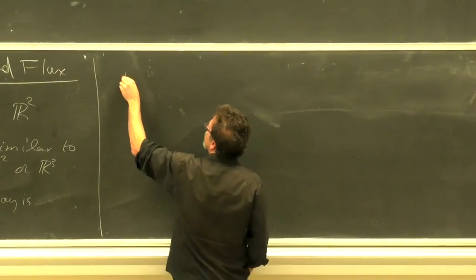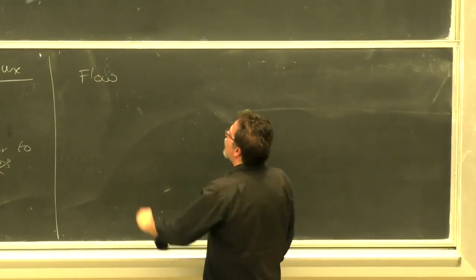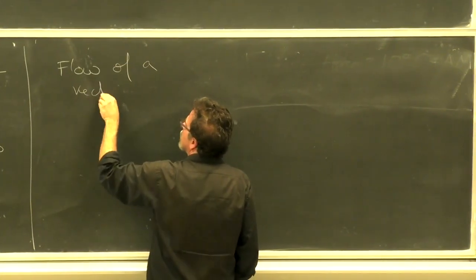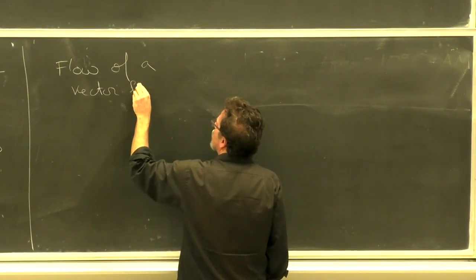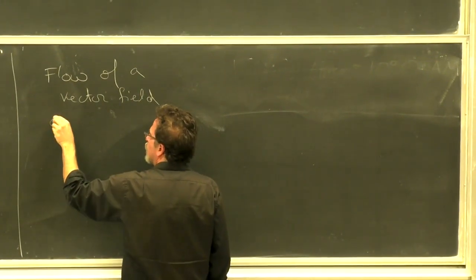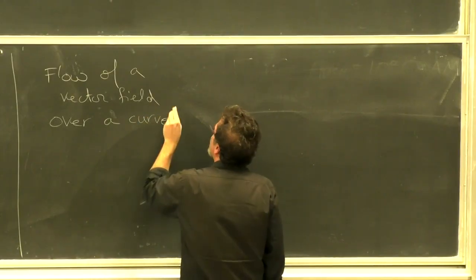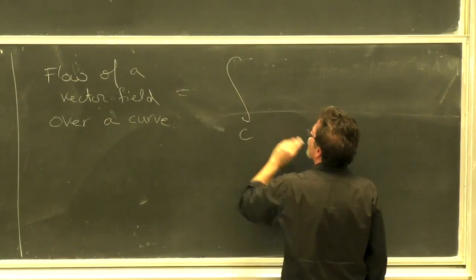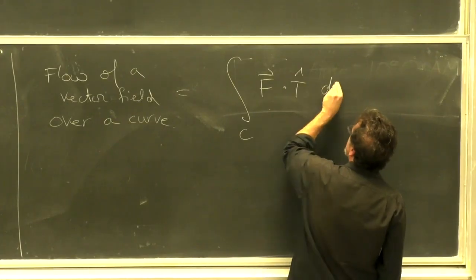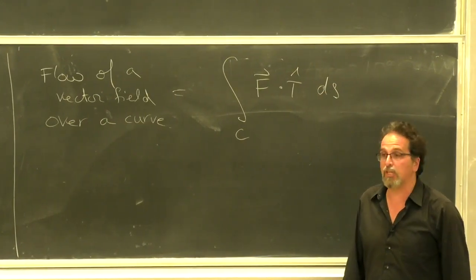Flow. The flow of a vector field over a curve is equal to the line integral over the curve of the vector field dotted into the tangential component ds. This looks a lot like work.